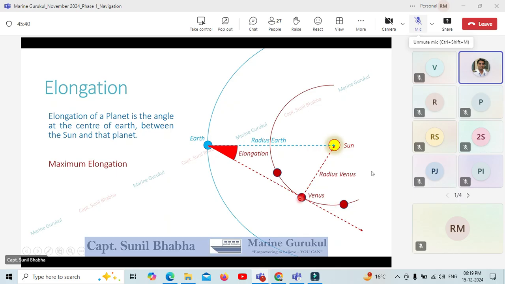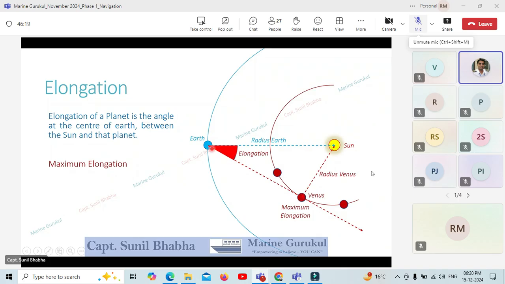Now, this point where the maximum elongation occurs, if you look carefully, you will see it is the point where, if you draw a tangent from the center of Earth to the orbit of Venus, the tangent meets the orbit of Venus at this particular point. This is the point where Venus is going to have maximum elongation. And we are aware that the tangent is always perpendicular to the radius of a circle.